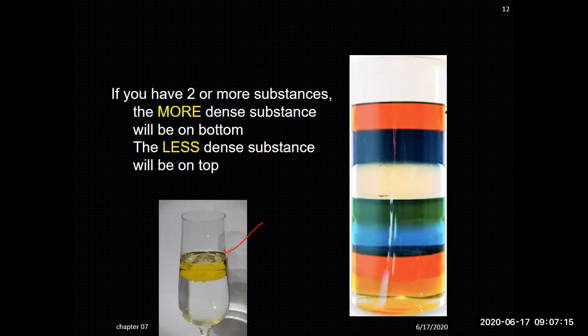If you find the sequence of the liquids, this one is less dense than the first one, this one is less dense than the first two, this one is less dense than the first three, and again this one is at the last stage. The lighter the substance, the more the possibility of it being at the topmost, forming the topmost layer. So this is the concept of sinking or making layers of any substance.